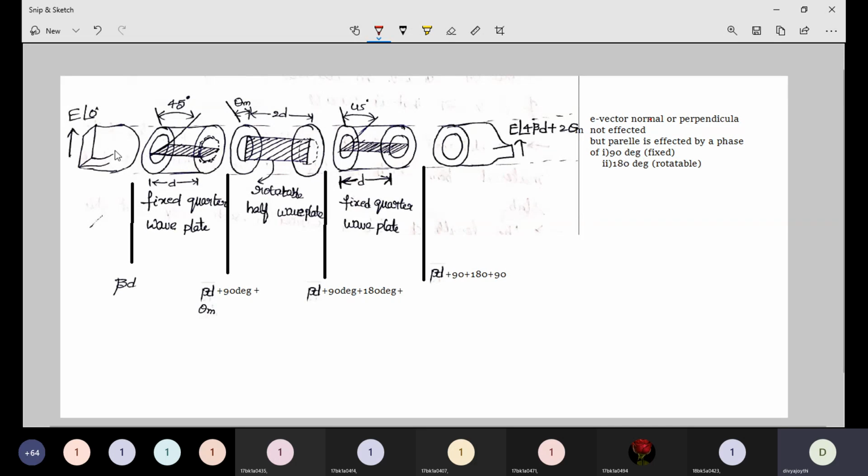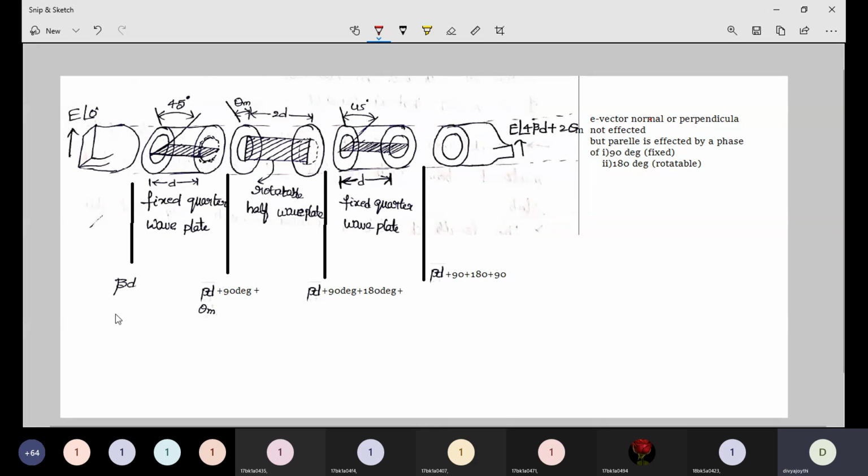You are passing a microwave with an electric field vector E, and that microwave signal has reached here. Now it is entering into this fixed waveguide, and when it comes out of it, it is going to have a phase shift of 90 degrees.